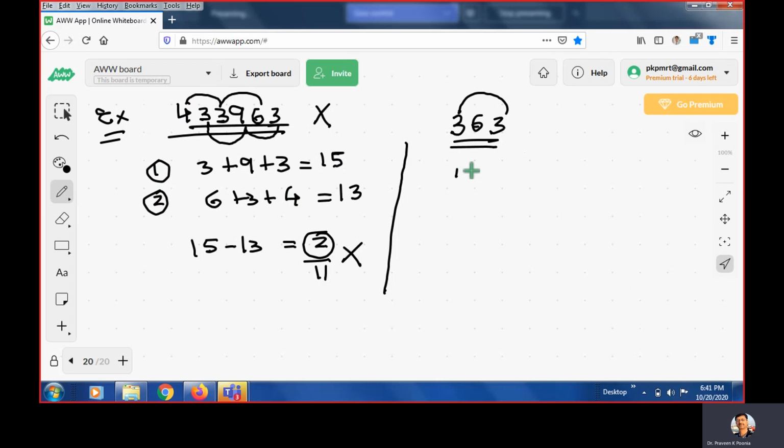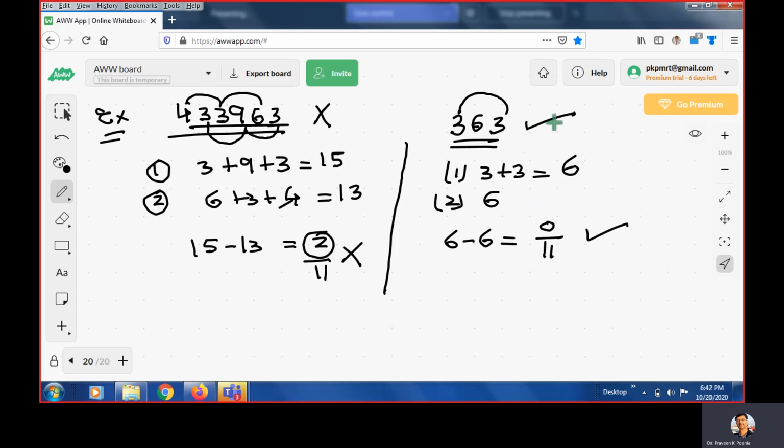So what is the sum at odd places? 3 plus 3 is equal to 6. And what is the total sum of even places? Only 6. Now find the difference. 6 minus 6 is 0. And 0 is always divisible by every number. Clear? So 0 is divisible by 11. So this number is divisible by 11.